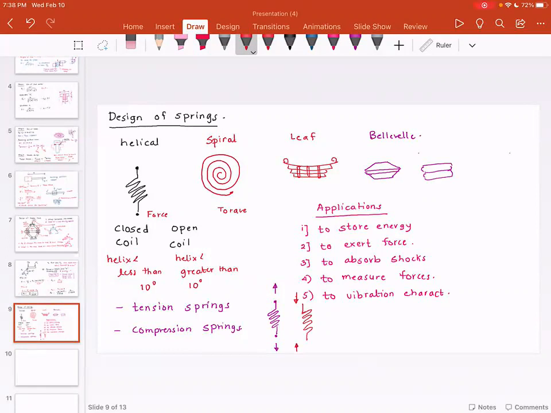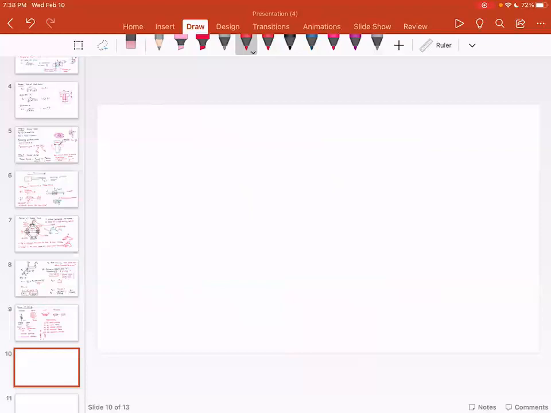Some important definitions for the spring. The first and foremost is something called the spring rate, also known as stiffness.